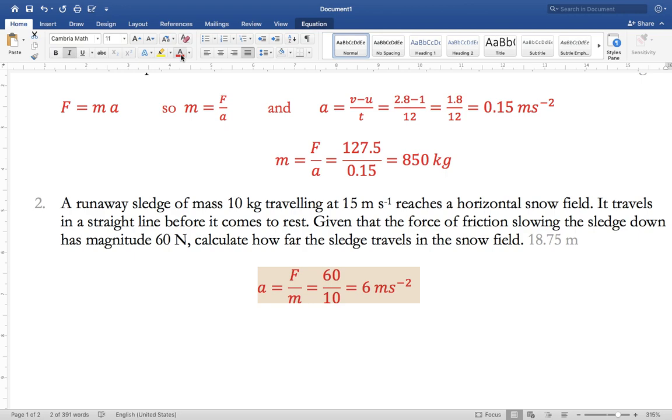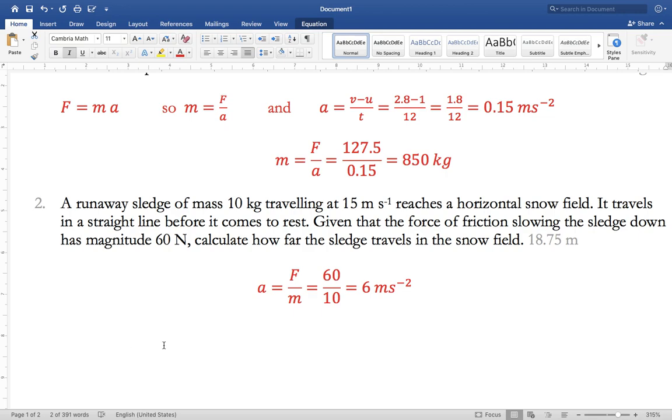After we get the acceleration, actually this is deceleration, we continue to find how far it travels in the snowfield.